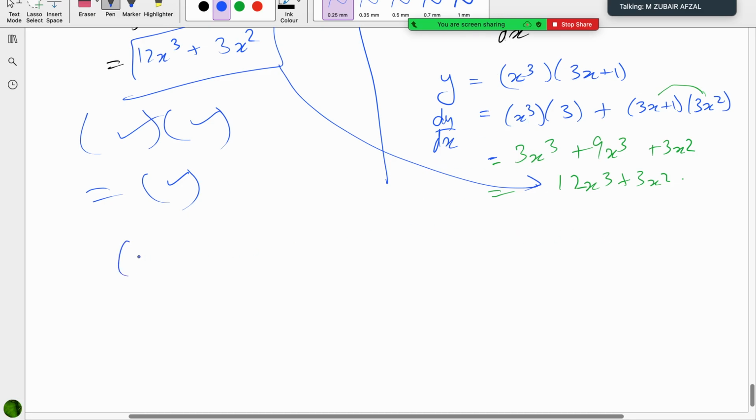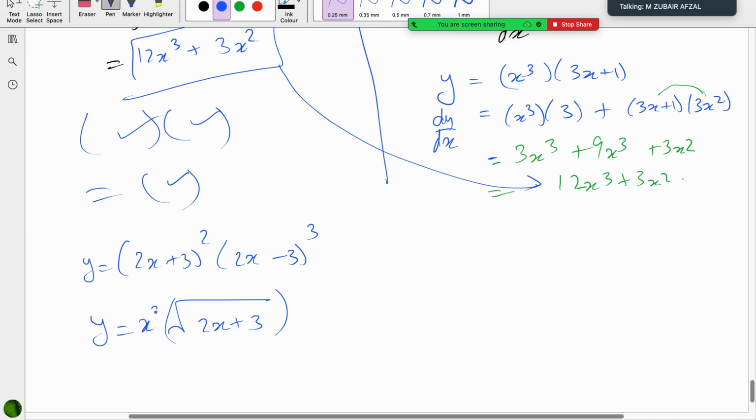For example, 2x plus 3 squared into 2x minus 3 cube. So in this case, first function, second function would be very easy. Or y is equal to square root of 2x plus 3 into x cube.